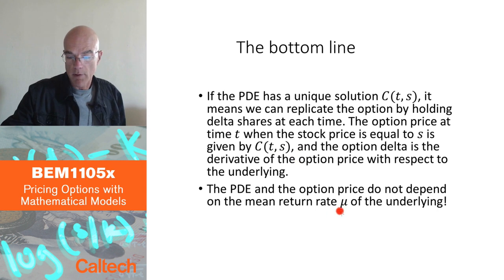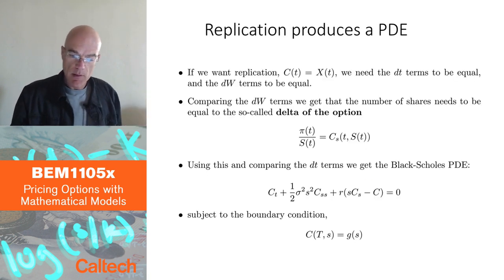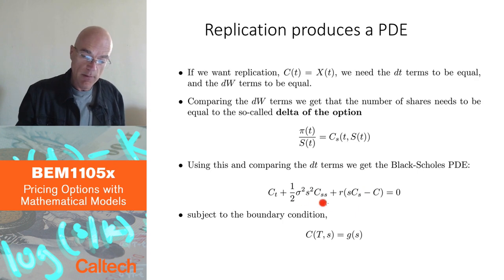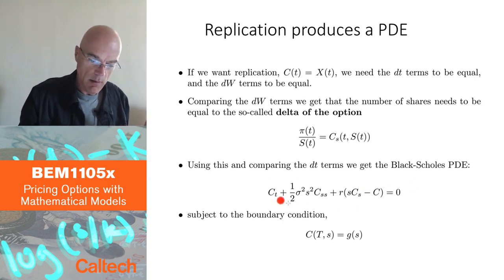And the mean return rate, mu, doesn't influence the option price. All right. The one thing maybe that I should also emphasize is this partial differential equation, there is no randomness in it. This is a completely deterministic animal.